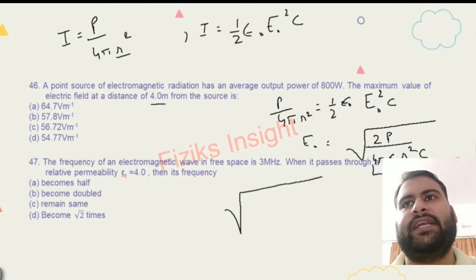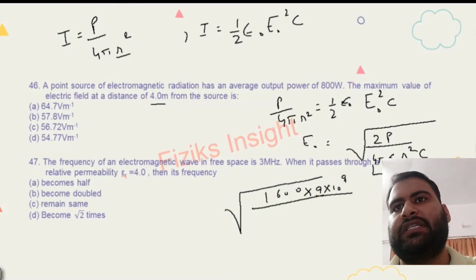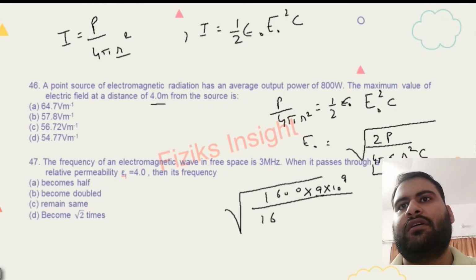The value of P is 800. So 2P will be 1600. Now also 1 upon 4 pi epsilon naught we very well know is equivalent to 9 into 10 raised power 9. Okay. And moreover r square is equal to 16 and r is 4 here. So C is 3 into 10 raised power 8. So this 3 cancels out with this 3, and 16 goes with here 100.